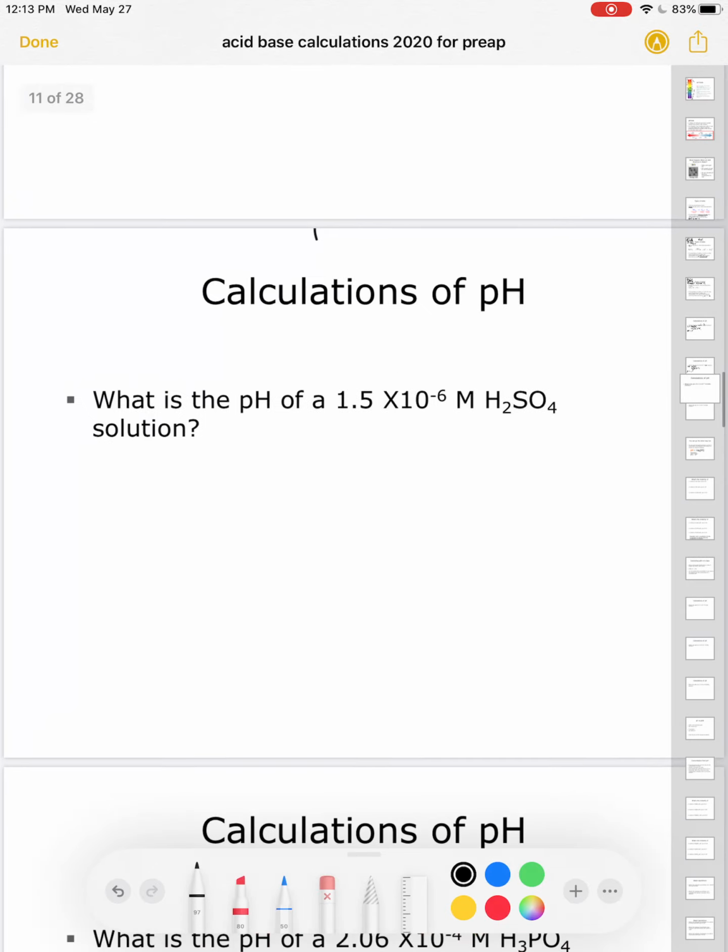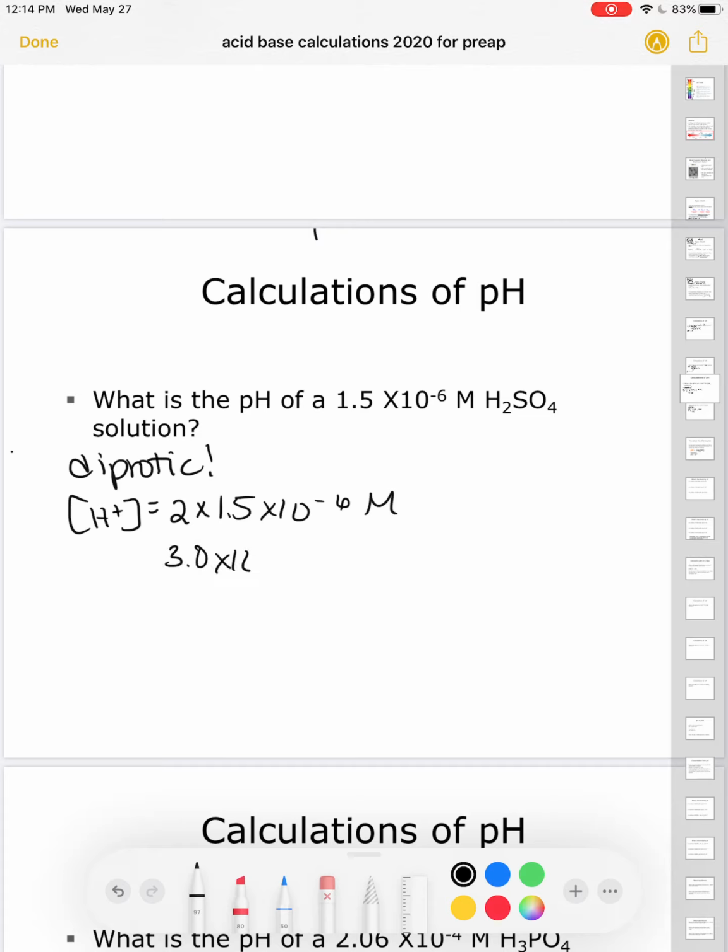Okay, so what is the pH of a 1.5 times 10 to the negative 6 molar sulfuric acid solution? Now, we have to remember that this is diprotic. Okay, so that means my H plus concentration is going to be equal to 2 times 1.5 times 10 to the negative 6 molar, okay, which is going to give me 3.0 times 10 to the negative 6 molar, okay.